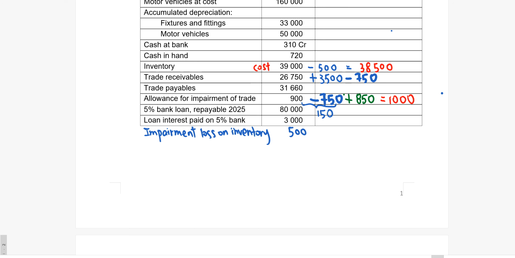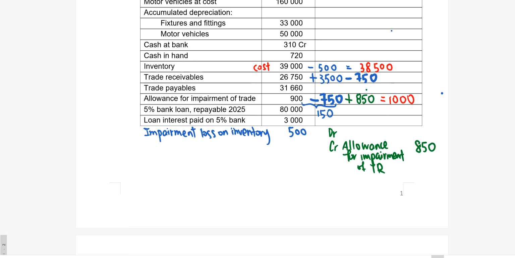So because my allowance went up, let's write down the adjustments first. If you recall from what you are taught, my allowance actually went up. Allowance for impairment of trade receivables went up by $850.